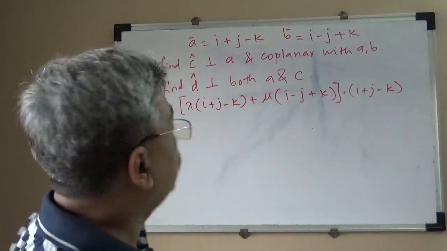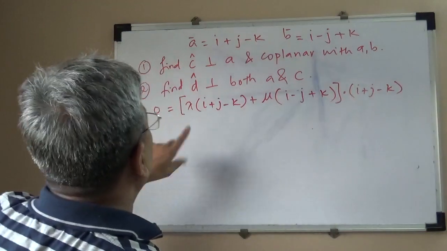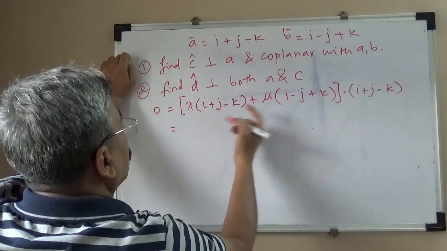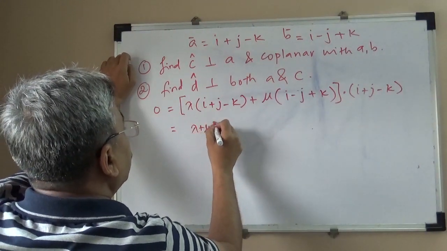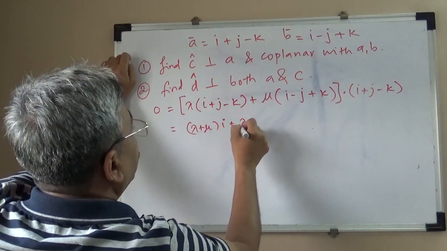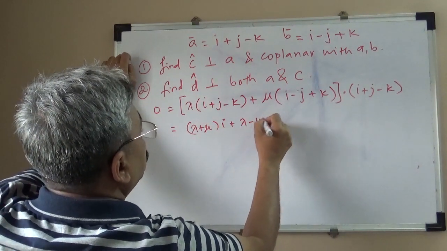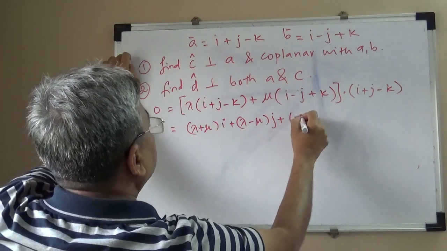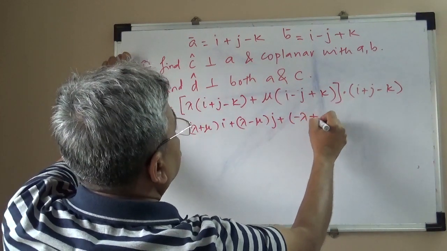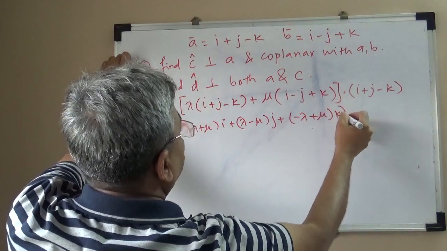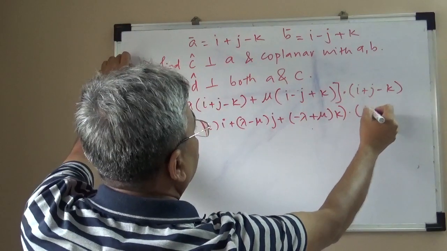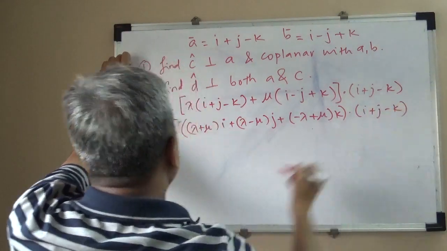That is the whole idea. Now we have to collect the terms first. So (lambda plus mu) times i plus (lambda minus mu) times j plus (minus lambda plus mu) times k. This vector dot (i plus j minus k) should be 0.